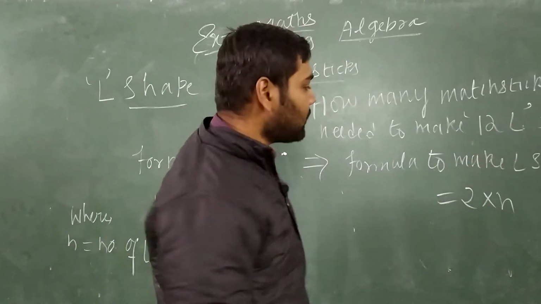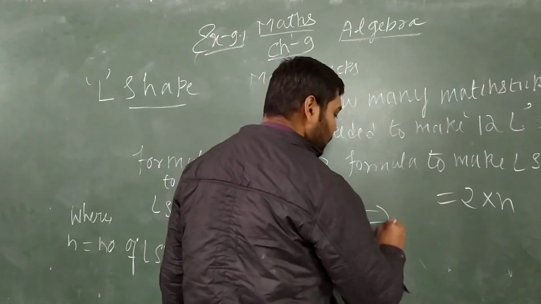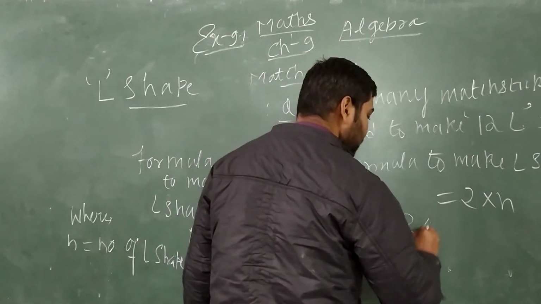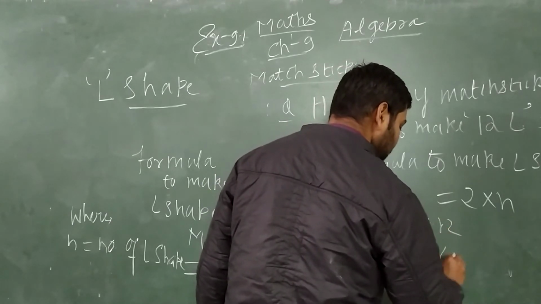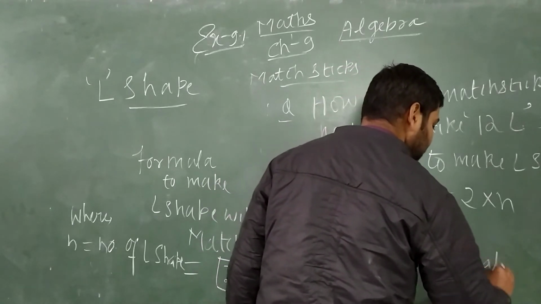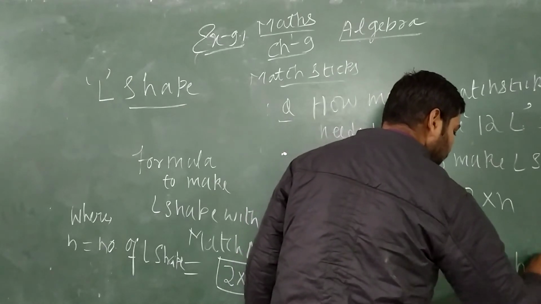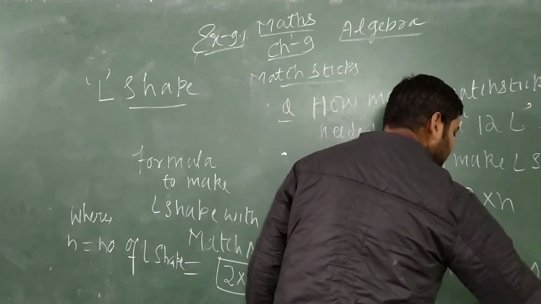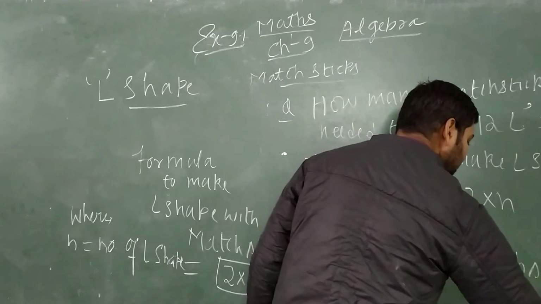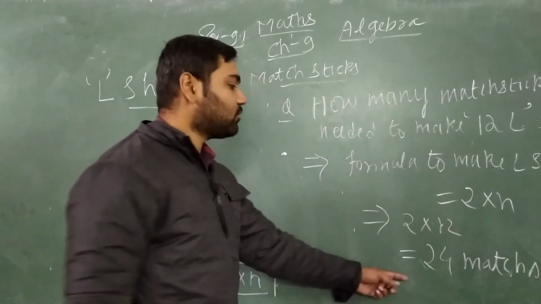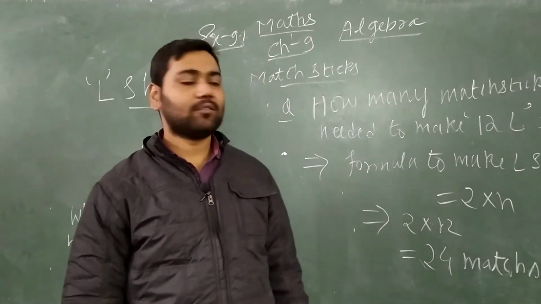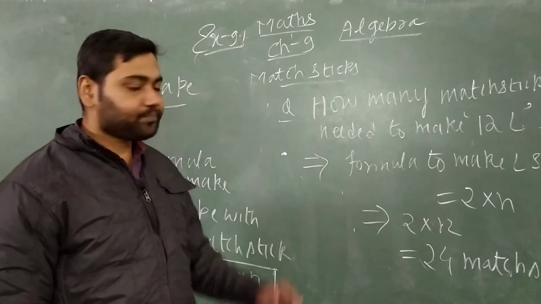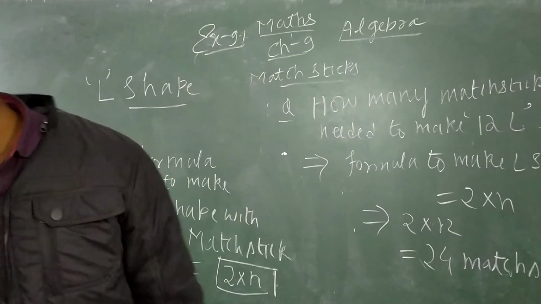That means 12 L shapes. So the number of matchsticks is 2 into 12, that is 24 matchsticks. 24 matchsticks are needed to make 12 L shapes. Okay, so this is for the L shape.